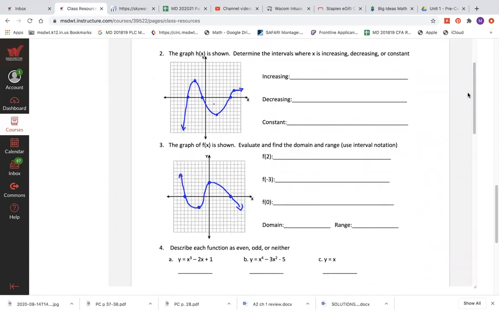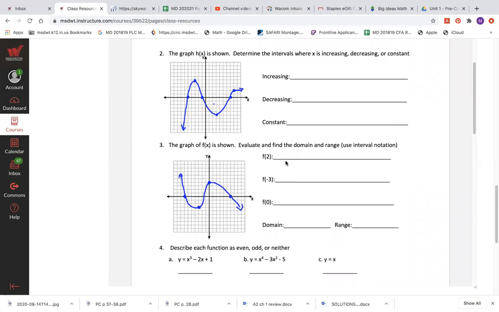Number 2, increasing intervals, decreasing intervals, and constant. I do mean for this to be constant from right here over. Now we're going to talk about this. We've already done it, but I want you to evaluate and find the domain and range.